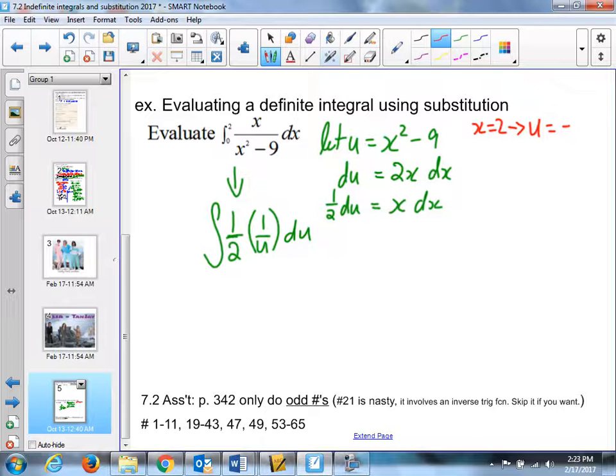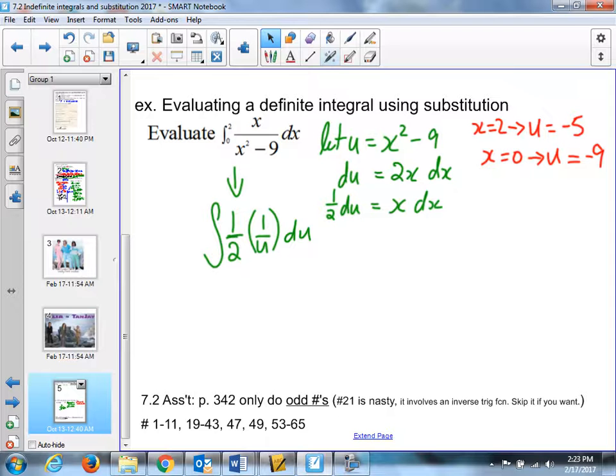You're using a calculator? Oh, good. Okay. X equals 0. When I toss that in there, u corresponds to a value of negative 9, right? Guaranteed. So my limits change from negative 9 to negative 5.